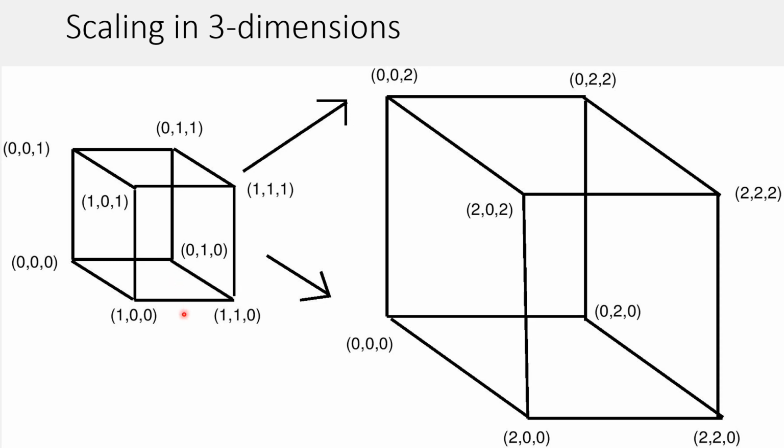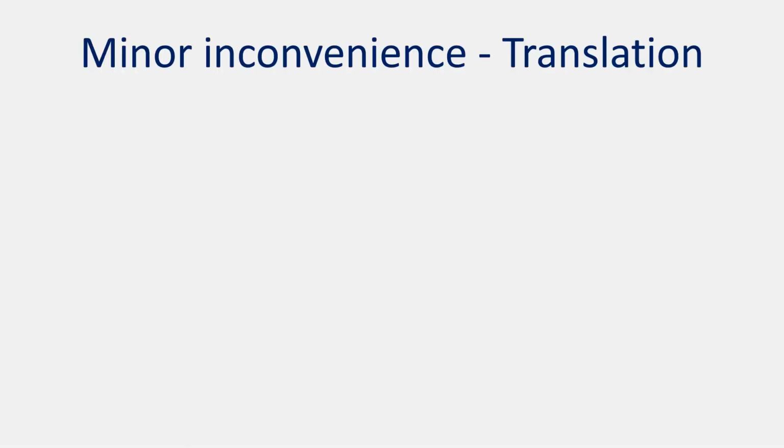We have a cube with unit length sides. We want to draw a cube which is larger, whose sides are twice as large. If we applied that scaling matrix on the previous slide, this would have the effect of taking what is drawn on the screen initially as this cube and subsequently displaying it, drawing it on the screen as this cube.